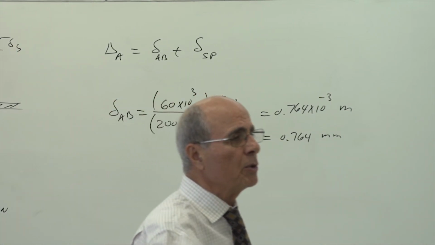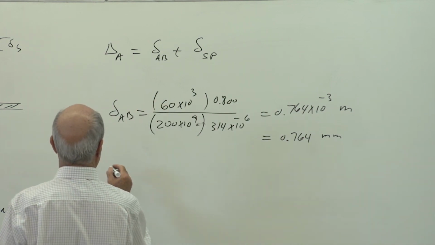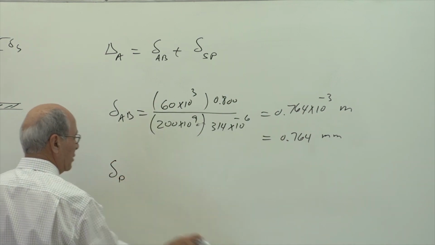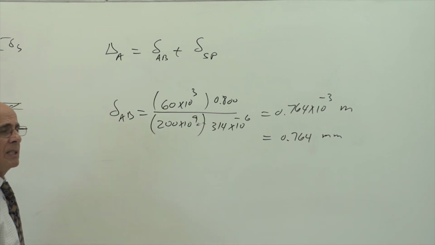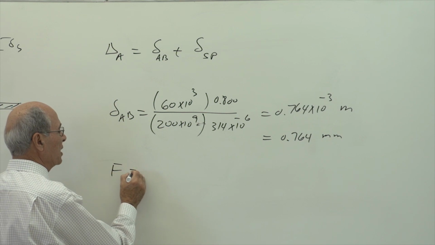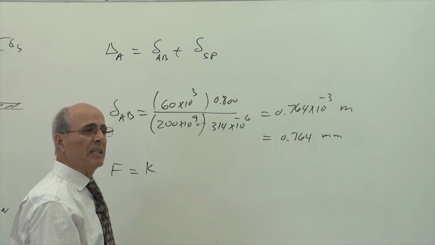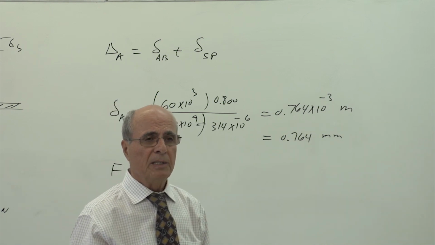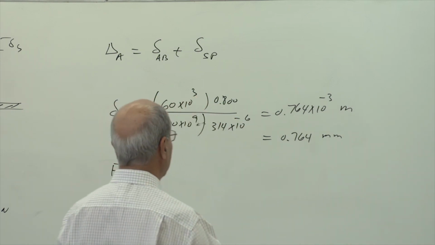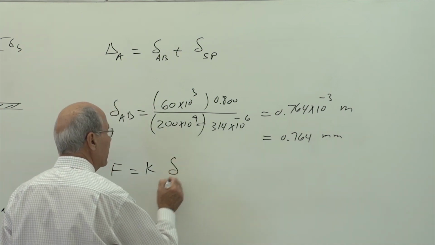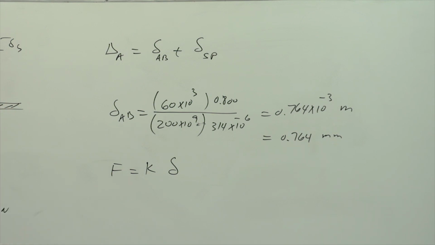However, the spring is going to move down as well. We talk about it. What is delta of a spring? Now, to calculate delta of a spring, you have to go back to physics. Everybody, what's the force in a spring? The force in the spring is equal to K, stiffness factor, multiplied by change in the length, which is the delta. Not the original length. Change in the length, which is how much it is going to be compressed or extended.